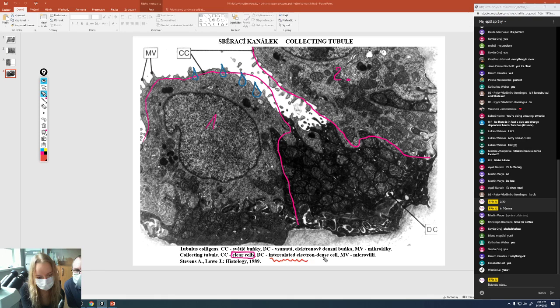It is situated between clear cells and it touches the lumen only by a small area of its surface, and we can see that it has very many mitochondria. Of course, we don't see the nucleus here, but it's normal because of the section, so we can see only mitochondria.